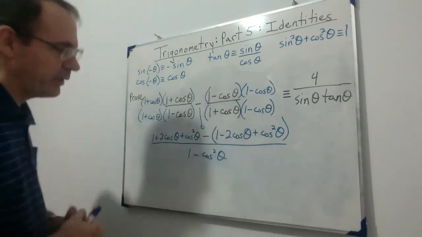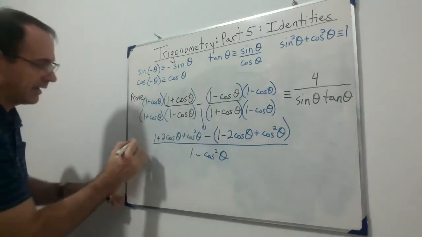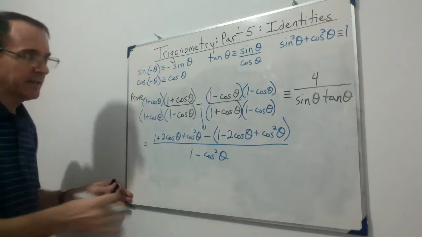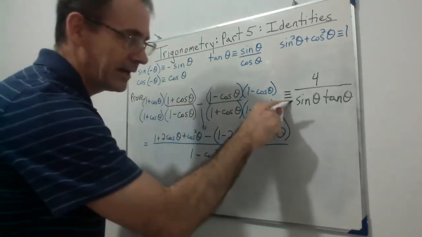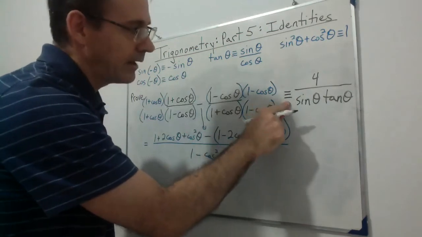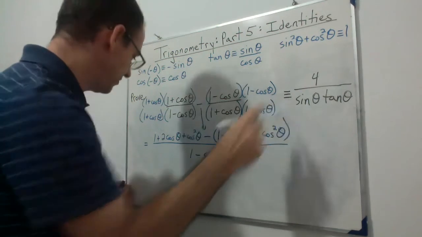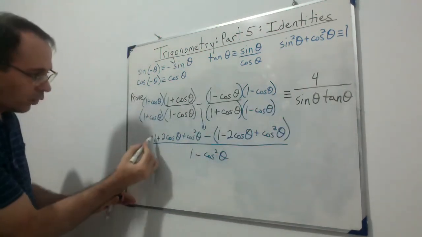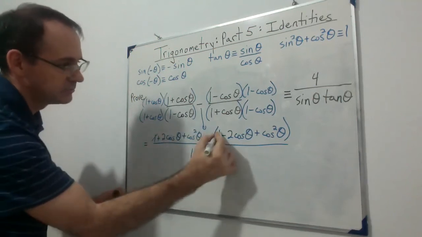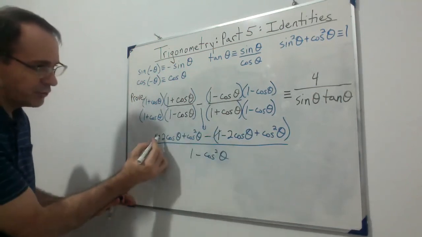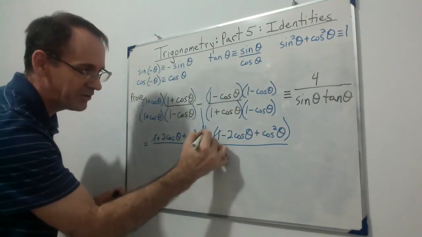So now that we got this, we want to simplify the top. Now I'm just going to use equal signs because we're just working with this expression over here. We'll just leave our identity statement over here on the right. That's our goal to get to. So 1 minus 1, gone. 2 minus a negative, remember this distributes.